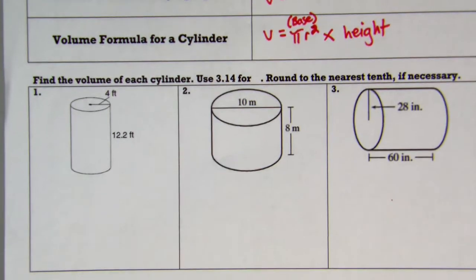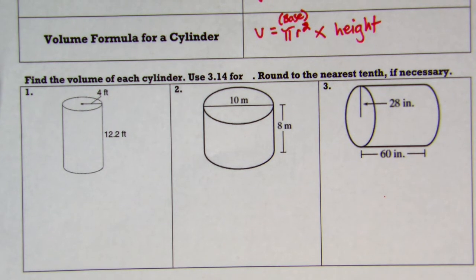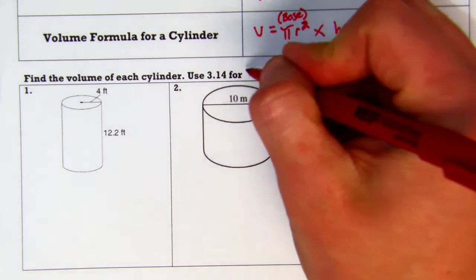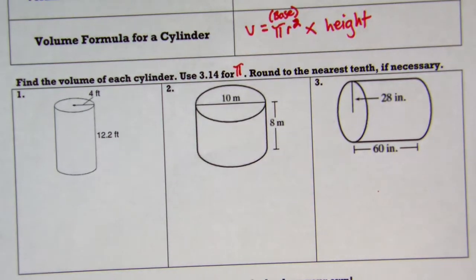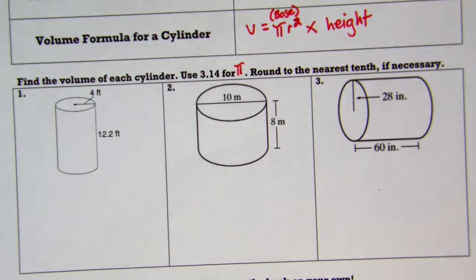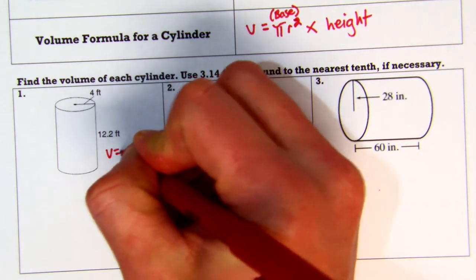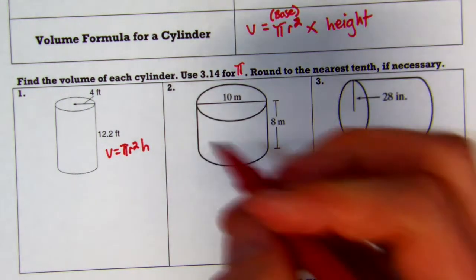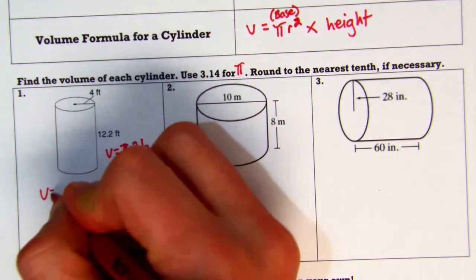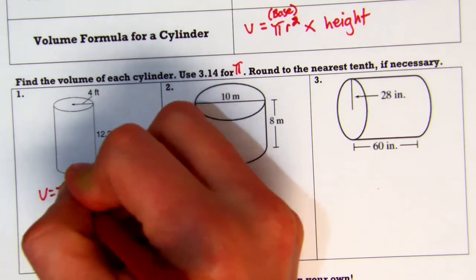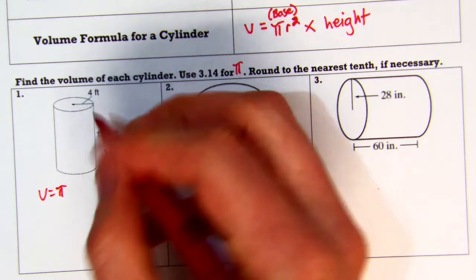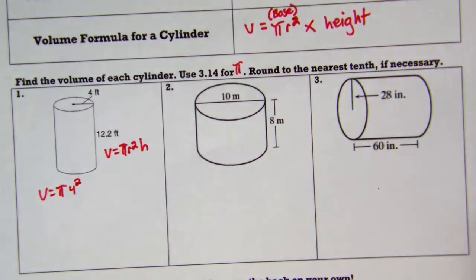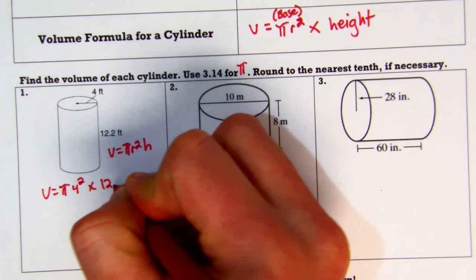When we find each volume, we're going to use 3.14 for pi, and we're going to round to the nearest tenth if we need to. I'm going to rewrite my equation to remind me: volume equals pi r squared times your height. So our volume is equal to 3.14, the radius is 4, square it, and then times the height, which is 12.2.